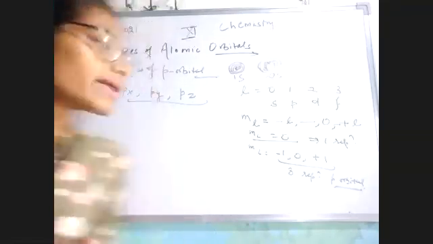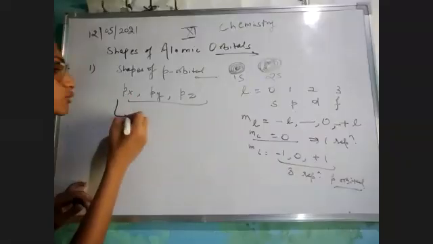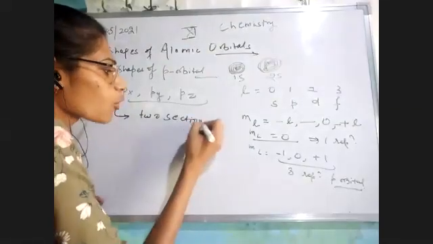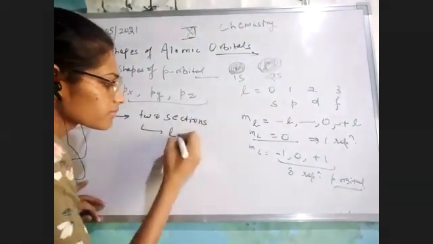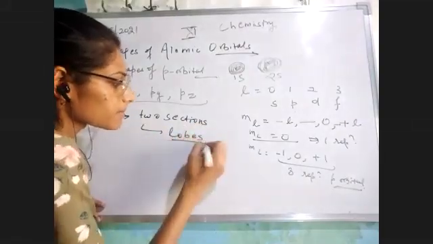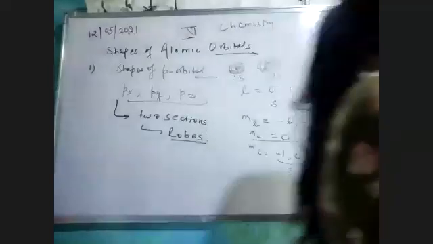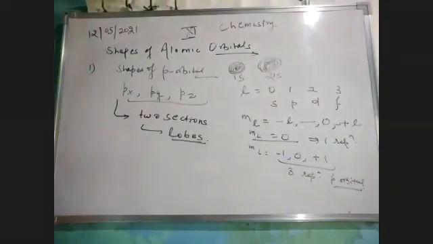Remember this point. In fact, px has two different sections known as lobes. So px, py, and pz, each has two different lobes, and we also say that it behaves like a dumbbell shape.